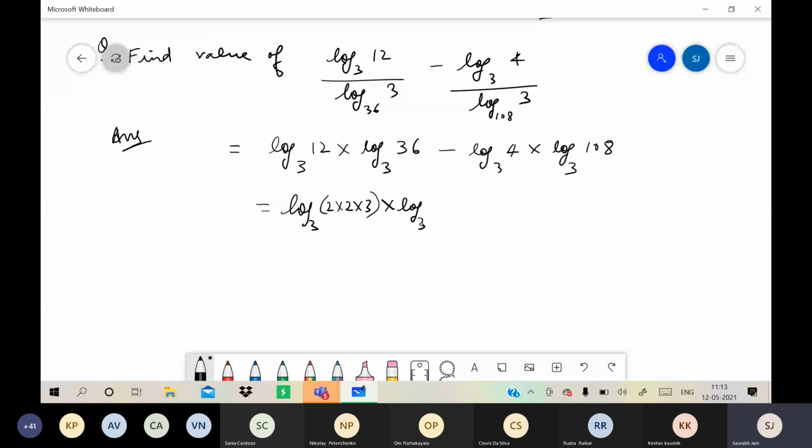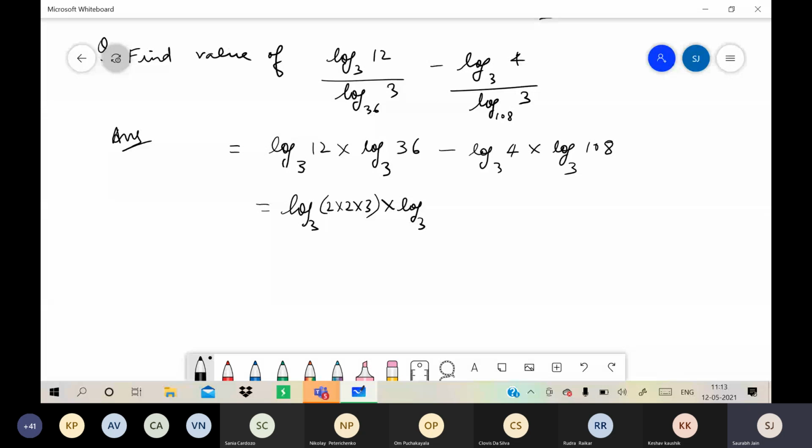So now what we are doing, if we cannot use those properties, because there are two logarithms in multiplication, how can we use any property of minus or anything? So then what we can do, we can simplify this term. First of all, we are going to do the prime factorization of the numbers like 12, 36, 4 and 108.